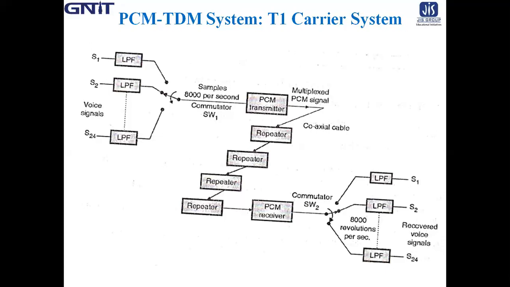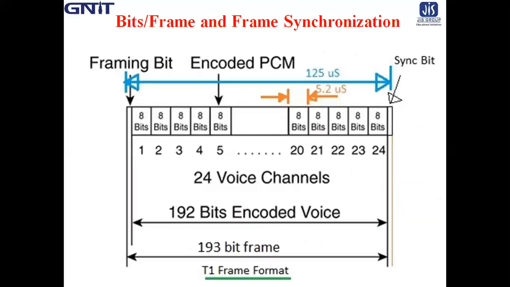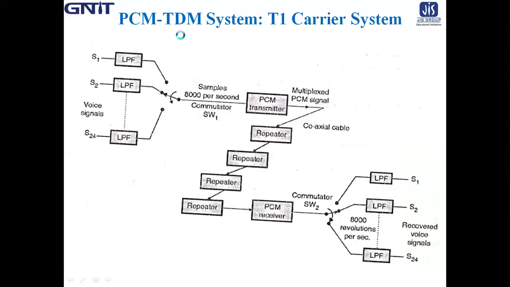So what is the number of bits? First we have to calculate the number of bits per frame. First you should know what a frame is. Suppose the commutator starts sampling from S1, then goes to S2, S3, S4, and at the end it goes to S24.